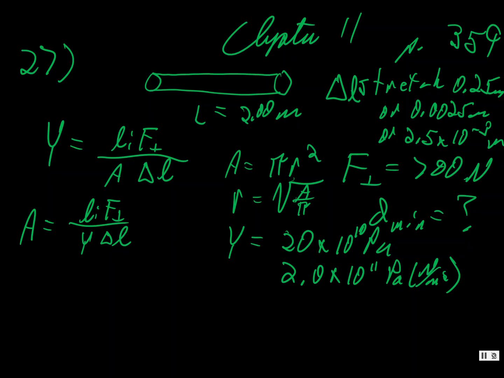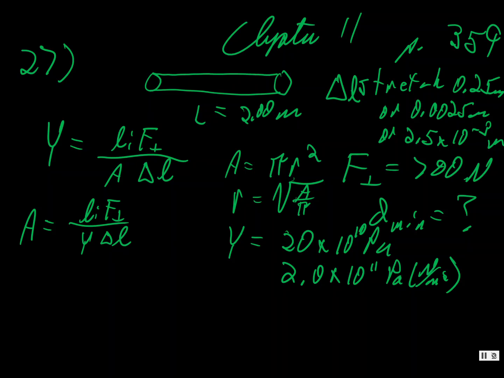Or am I doing that backwards? If it's times 10 to the 10th Pa, I'm actually going 200, because giga is under, yeah, that's right. So it'd be 200 gigapascals. You can write it that way.